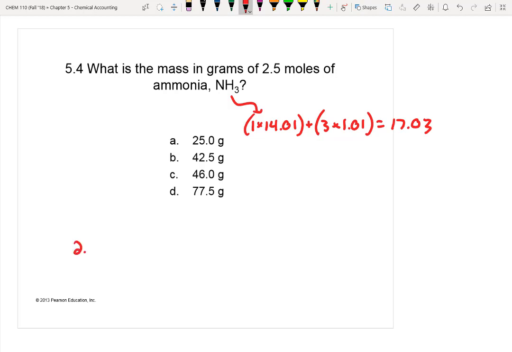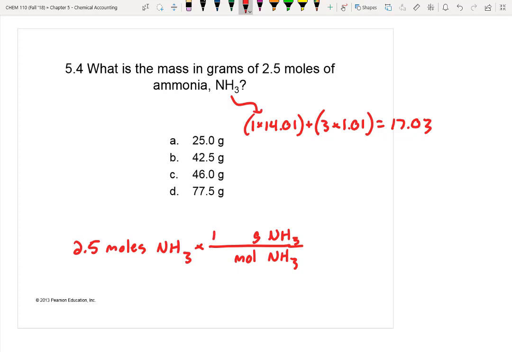So we've got 2.5 moles of ammonia. We want to cancel out moles of ammonia, and we want to go to grams of ammonia. So does that 17.03 go on top or go on bottom? Top, right?